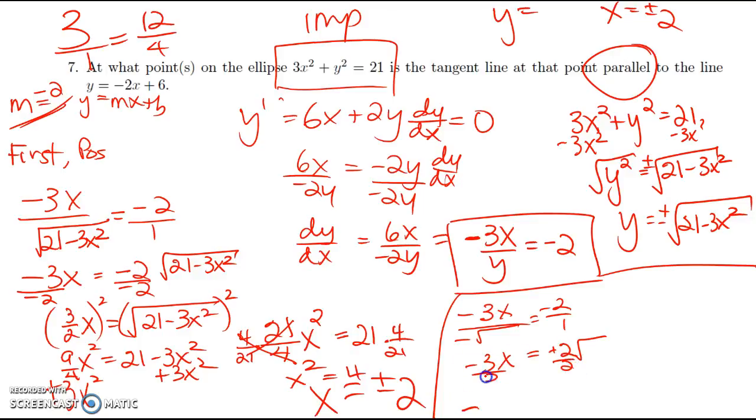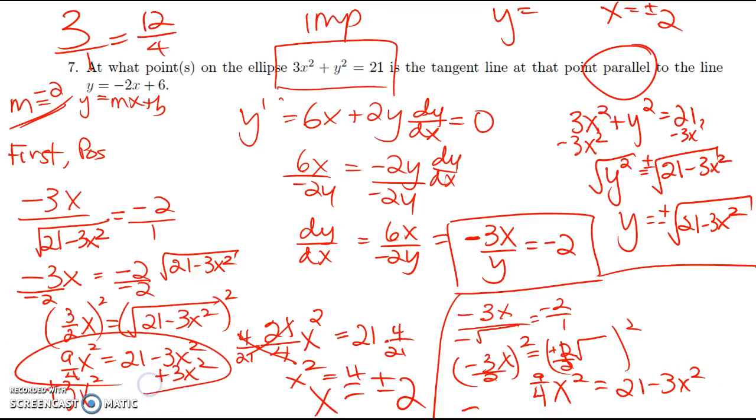Divide by 2, divide by 2. Now we square. Notice when we square this, that negative will go away. So when we have the negative radical, we get the same answer, because 9 over 4 x squared equals 21 minus 3x squared, which is what we had right here. So that was when y is positive. When y is negative, that negative radical, guess what? We get the same thing, don't we?